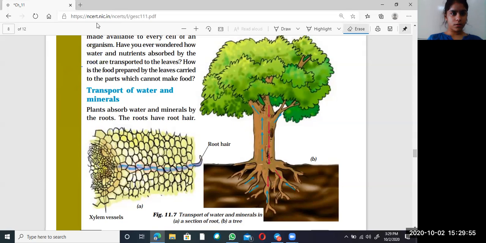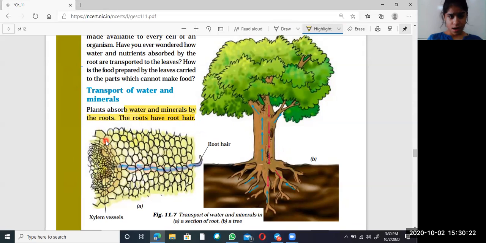Plants absorb water and minerals by roots. We know that plants absorb the water and the nutrients from the roots as they have the root hair there.